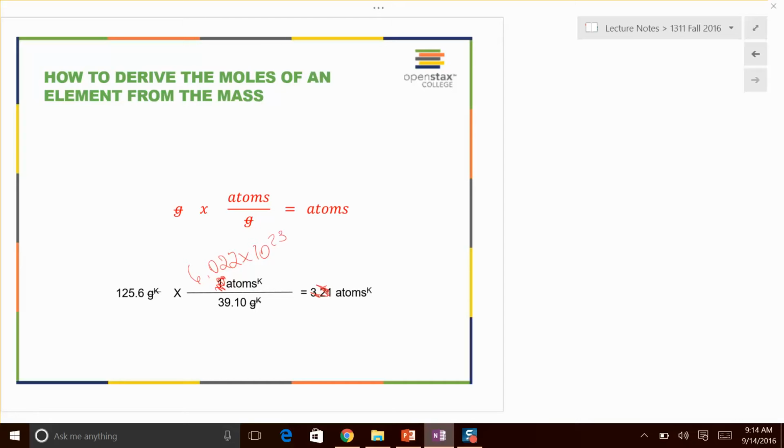Atoms are on top, grams are on the bottom. The number that goes with atoms is always 6.022 times 10 to the 23rd. Wherever I see grams, I'm always using these numbers. So for potassium, it's 39.10 grams. How many atoms are in 125.6 grams? It should be more than this, right? Because 39.10 grams would be one of these. So how many are there of those in 125.6 grams of it?